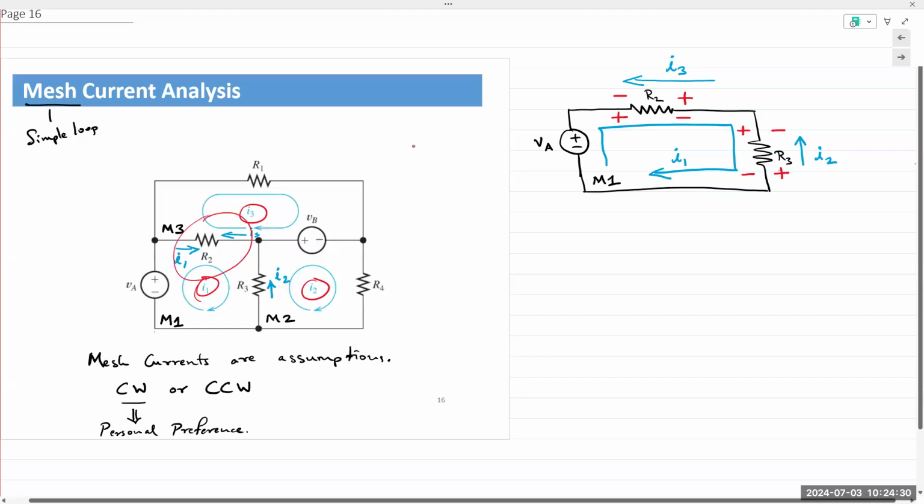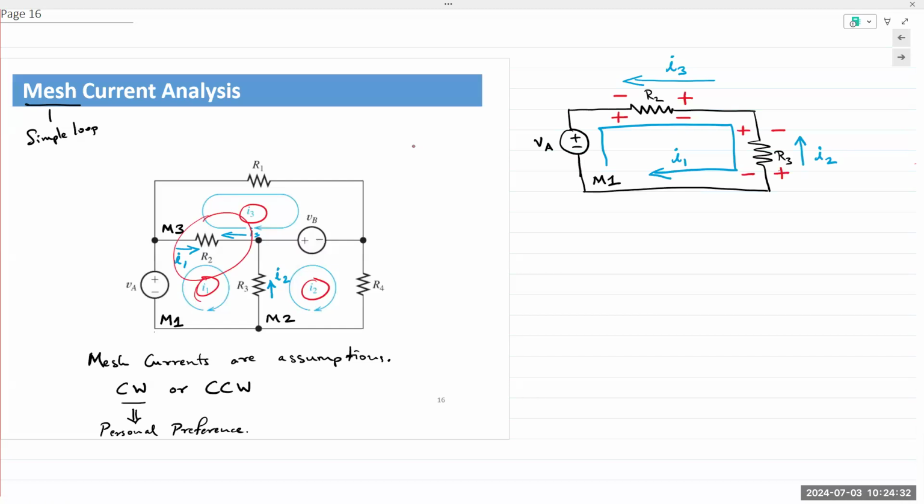I1 is entering R2 from the left. So it logically follows that the left end of resistor R2 is higher than the right end. But at the same time, we have a hypothetical current I3 moving in the opposite direction. So we are saying this end is also higher, which in real life is not possible.